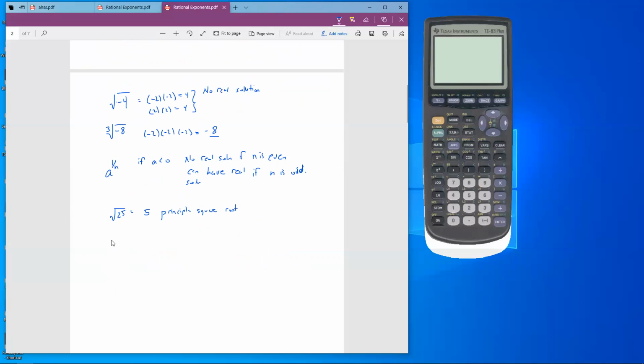If I tell you that x squared equals 25, and I take the square root of both sides, then we're just going to get an x, but it could be a plus or a minus.